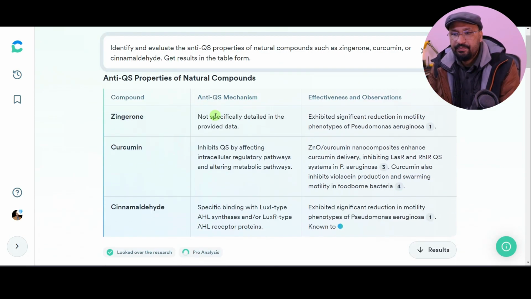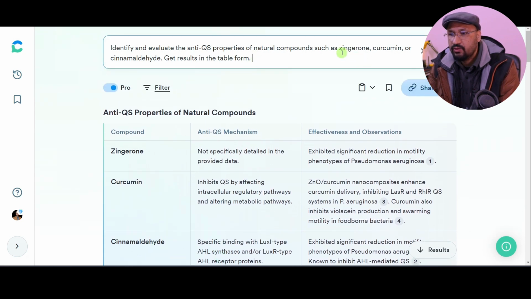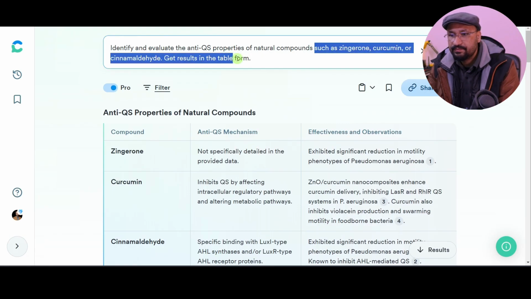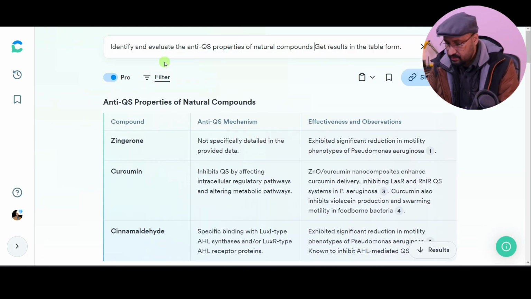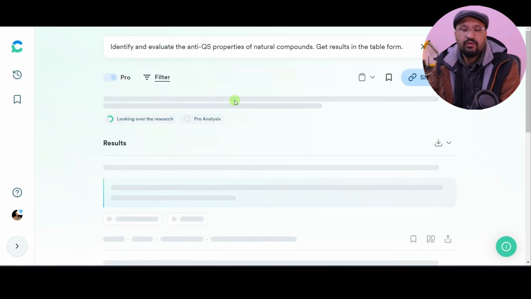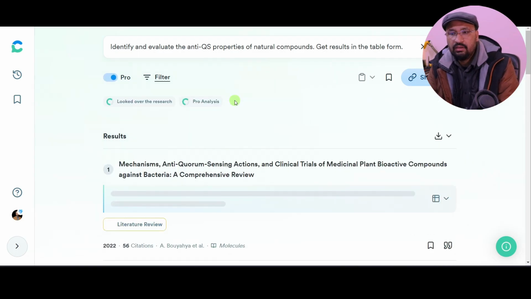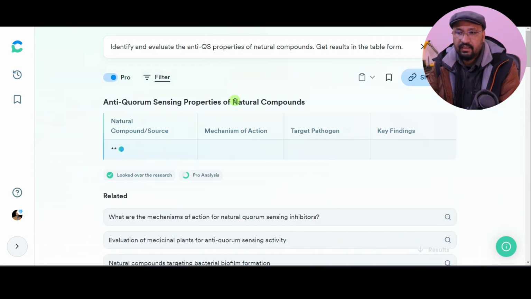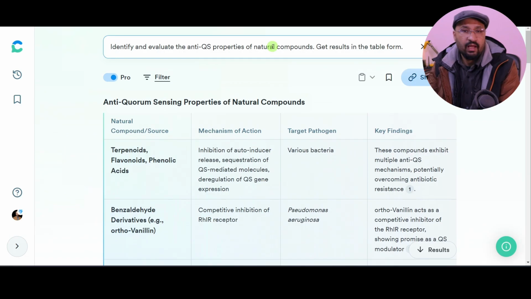So as you can see, mechanisms are also mentioned, and for the compounds that we wrote, we are also seeing their activity. Now I think we should not give examples of specific compounds, but you can read a lot of literature and create your own tables, and it will help you design your literature analysis much better, because here you can see, now I'm not mentioning what kind of natural products I'm looking for.